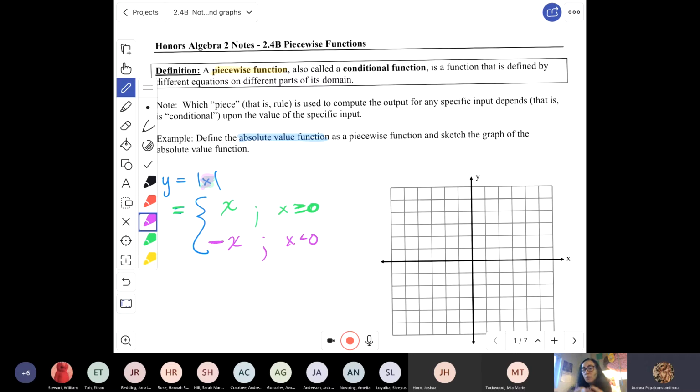So we wrote this absolute value parent function as a piecewise function. We had two different rules depending on what our input was. So if I were to graph this using the rule, you should notice that you have two intervals for which this is defined. We have it defined for x equaling 0 and being greater than 0.